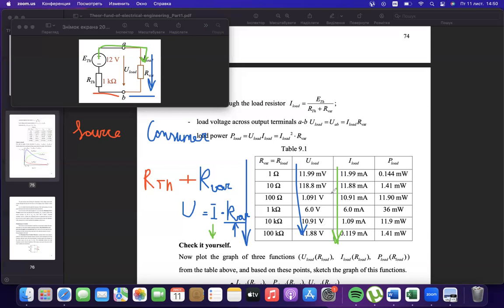Okay, no problem. Then voltage increases. Then the most interesting thing is power, because as we look at the power, it increases, obtains some maximum value, and then also decreases. It has some specific maximum.